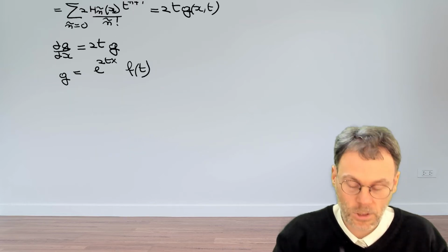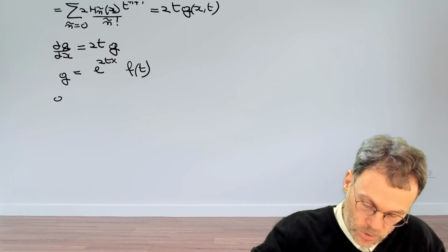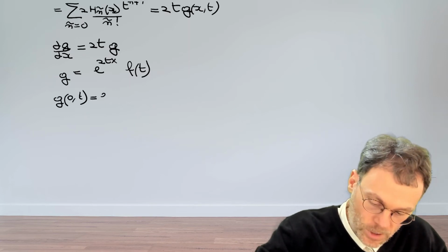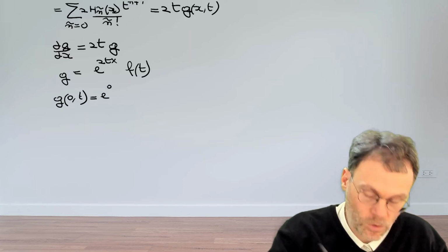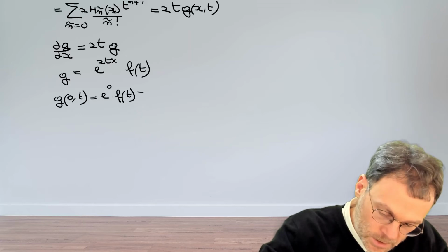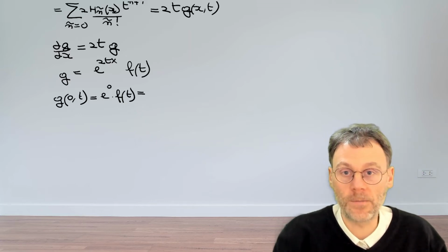Okay, let's substitute x equal to 0. So our generating function at 0, t is going to become exponential 0, of course. So that's 1. And that's good news because now we've isolated our unknown function f of t.